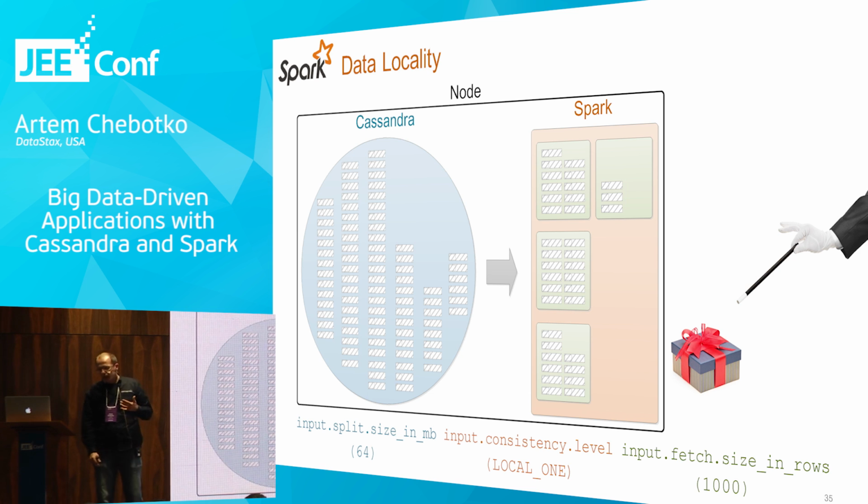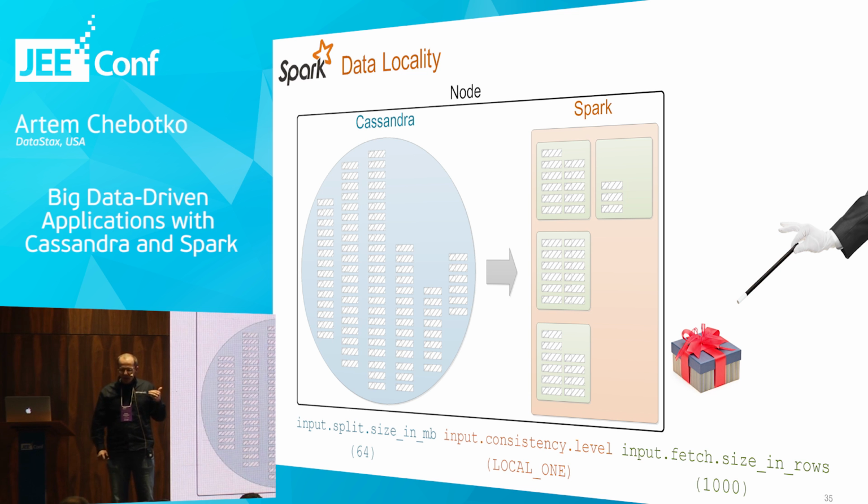The way it's done is there are certain settings. By default, you read with consistency level local 1. Of course, you can change that. We saw consistency level 1 previously in the examples. Local 1 means it's local to a specific data center that you are connecting to.